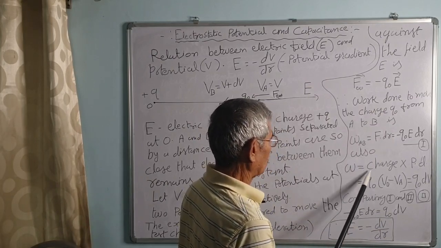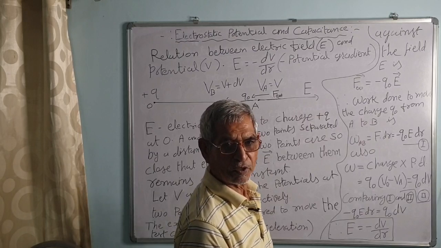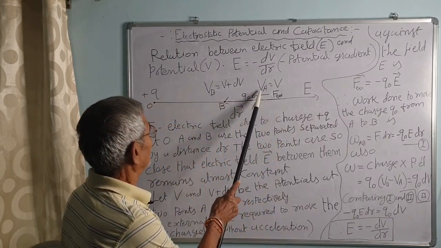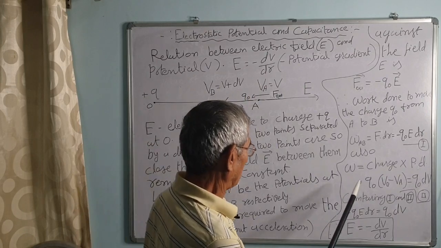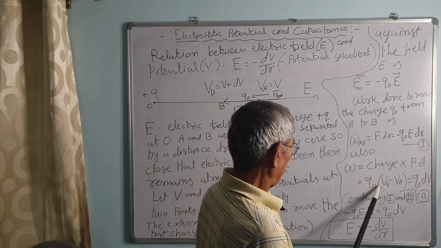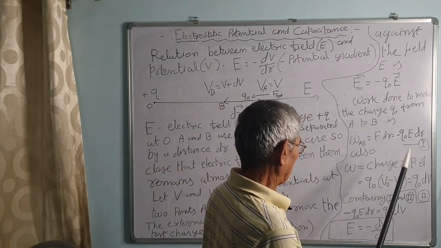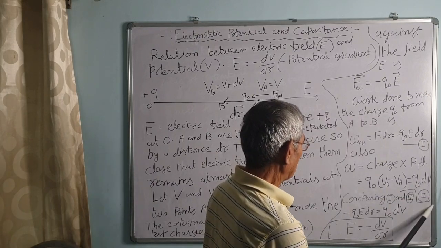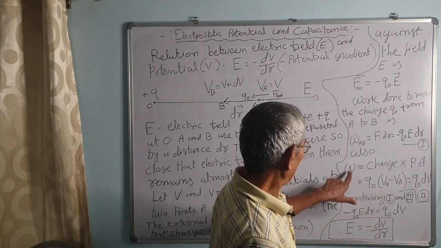The work done is also given by the charge into the potential difference. The potential difference between the 2 points is V and V plus delta V, so it is Q0 into (VB minus VA), that is equal to Q0 dV. Comparing 1 and 2, this is also a work done equation.